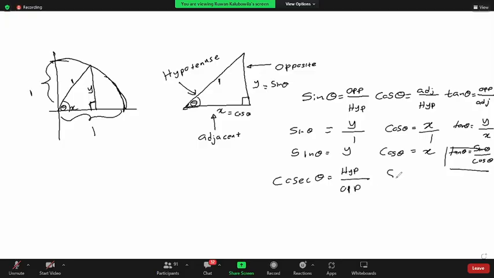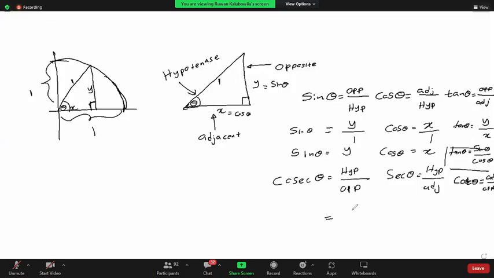Sec theta is hypotenuse over adjacent, and there is also a function cot theta, that is adjacent over opposite.